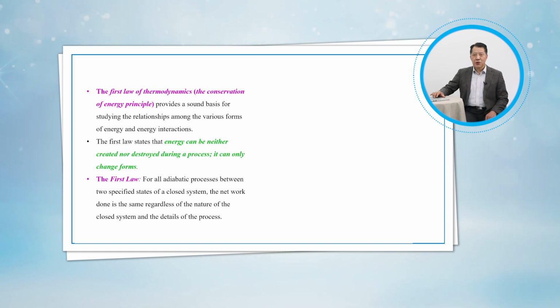Careful measurements during these experiments indicate the following. For all adiabatic processes between two specified states of a closed system, the net work done is the same regardless of the nature of the closed system and the details of the process.